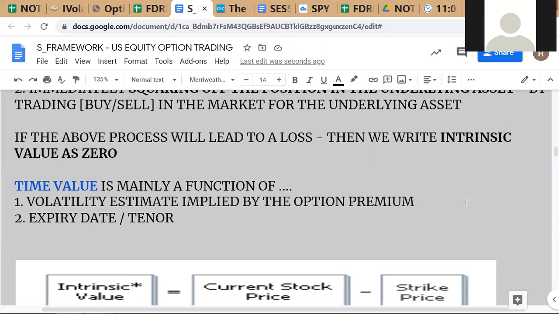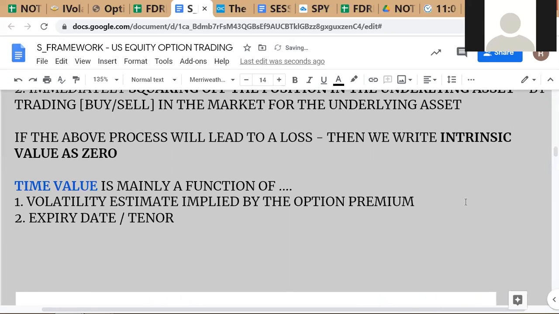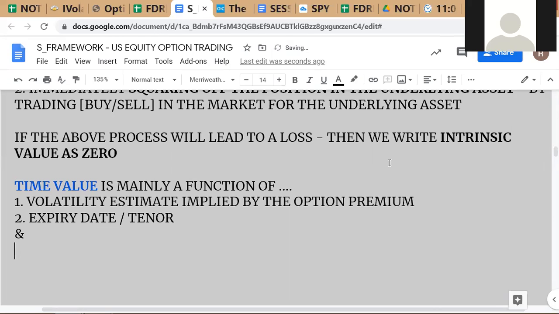So these are the two factors, mainly the two factors. That's why again I've said mainly.